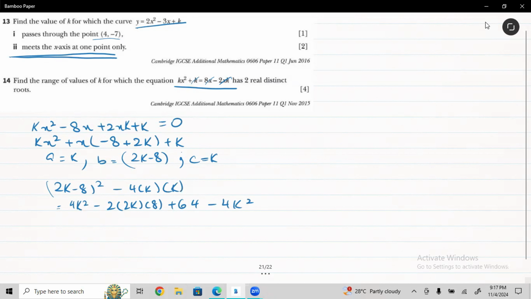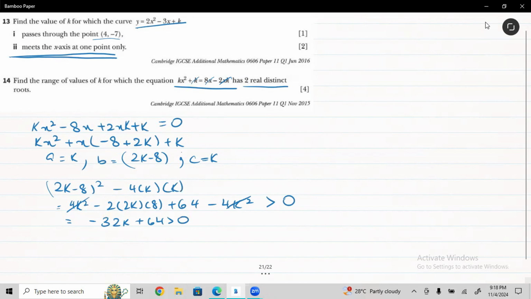And again, they've told us it has two distinct roots, so it's going to be greater than 0. Okay, so when it's greater than 0, we cancel 4k squared and 4k squared. So negative 32k plus 64 is greater than 0.